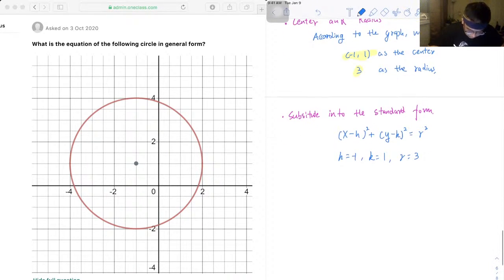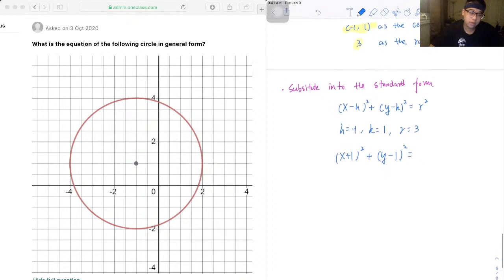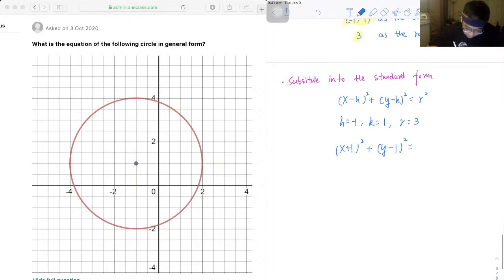Okay, so now let's put the numbers in. So x minus negative 1 just becomes x plus 1, and plus y minus 1 squared, and it's equal to r squared, where r is equal to 3, so it's equal to 3 squared.